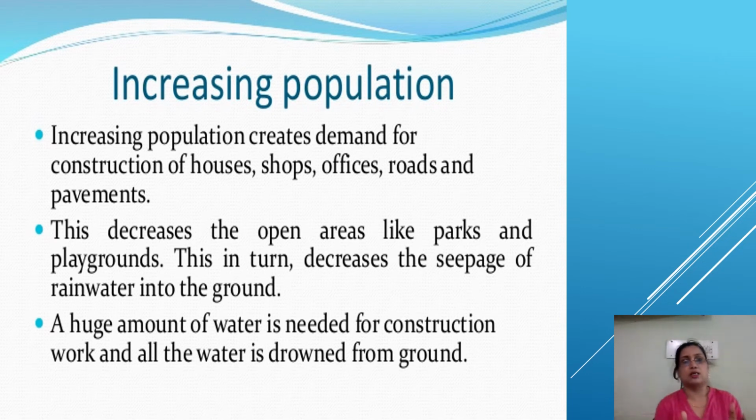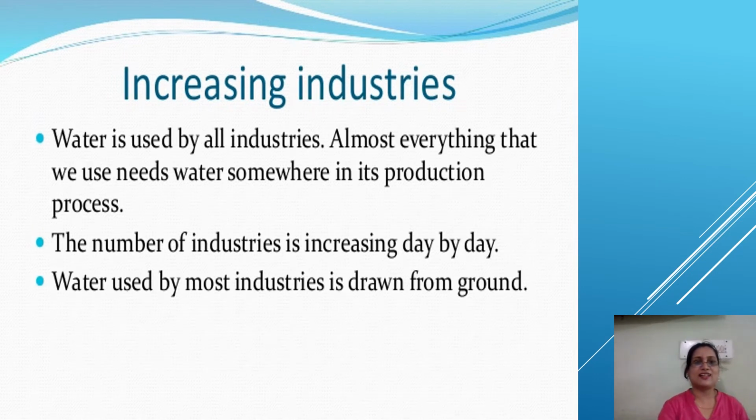Do not be boggled down by the text. It's not very much, it's easy. Okay, let's see the next slide. Increasing industry, which we have just discussed. Don't worry about the text. It's a very simple thing how increasing industry leads to depletion of water.